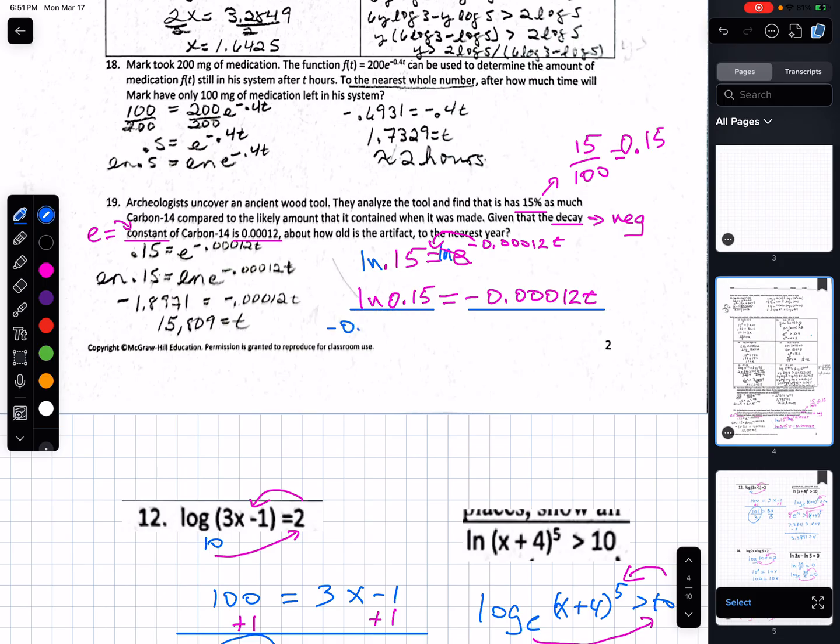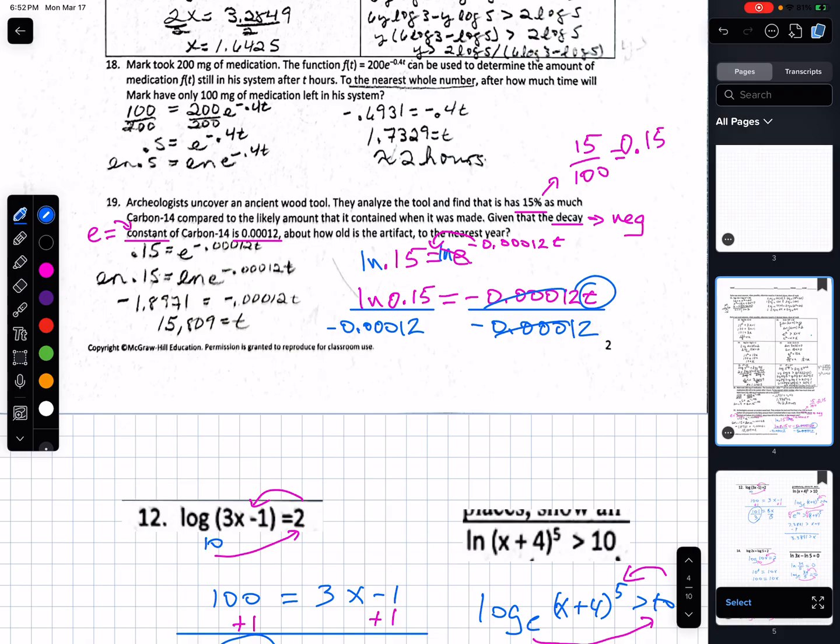So negative 1.8971, divide by negative 0.00012. That cancels. We have t. And then it's an absurd number of years once you get it. If you miss a negative before you hit divide, hold on. Let's go second, insert, INS right there.